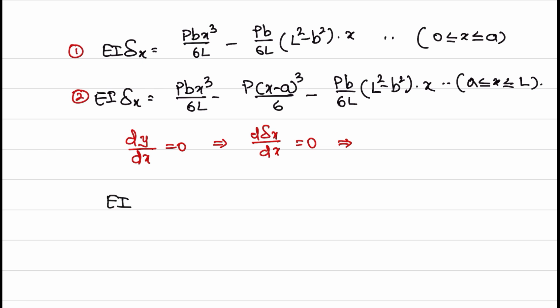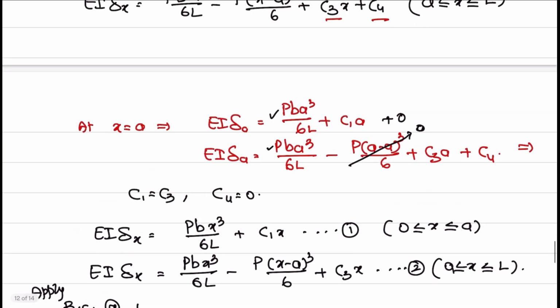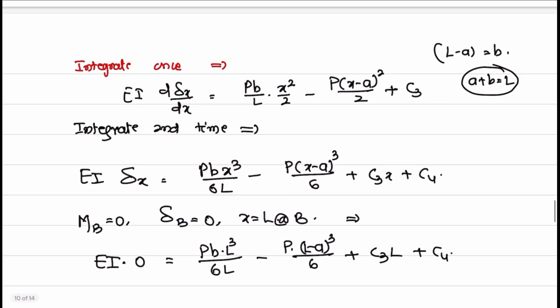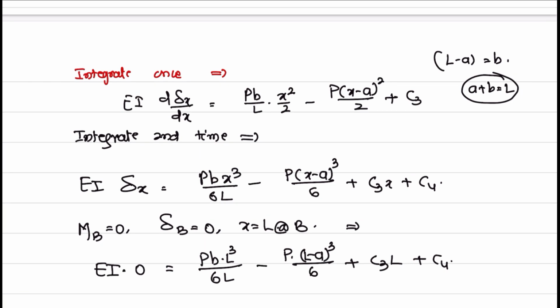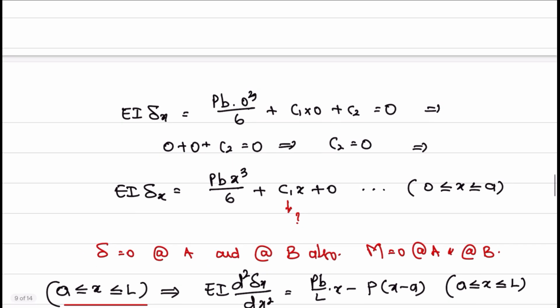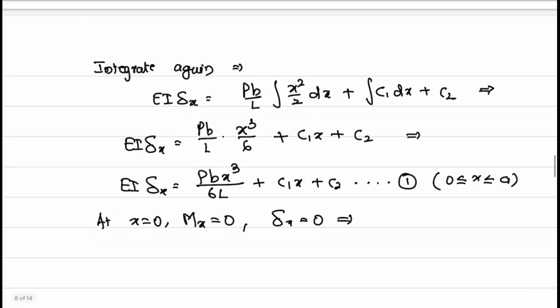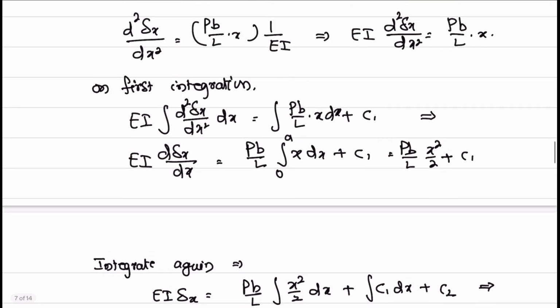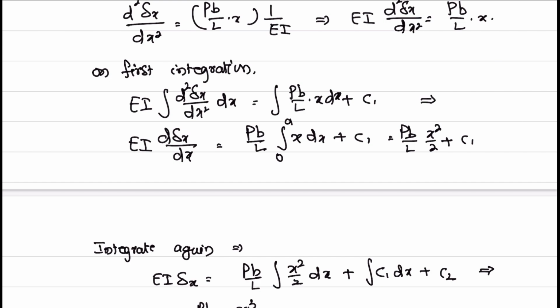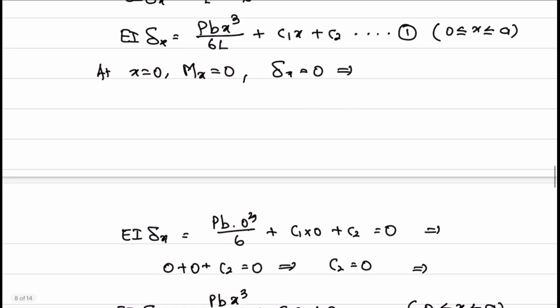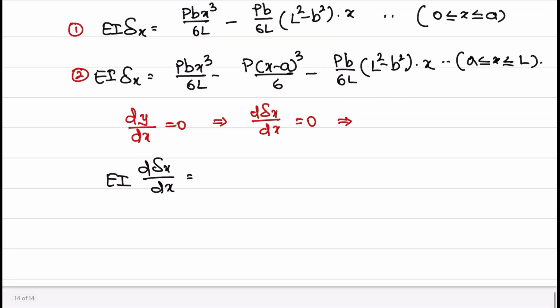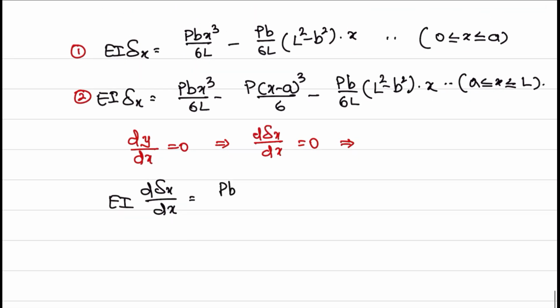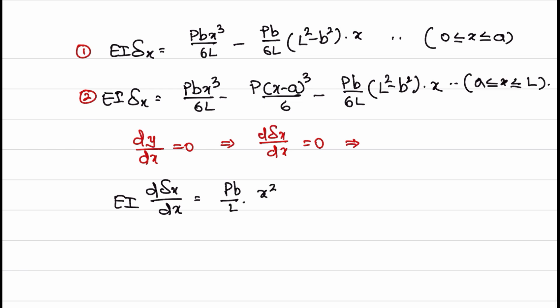When we integrated only once, the first equation is EI d delta x by dx is equal to, please refer to previous one, PB by L into x square by 2 plus C1.